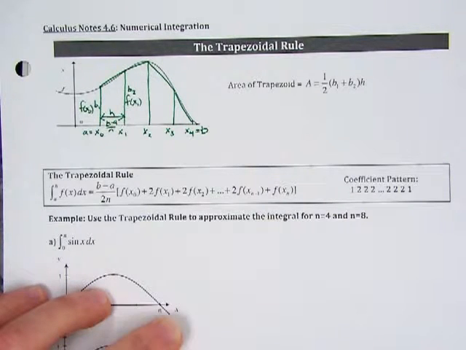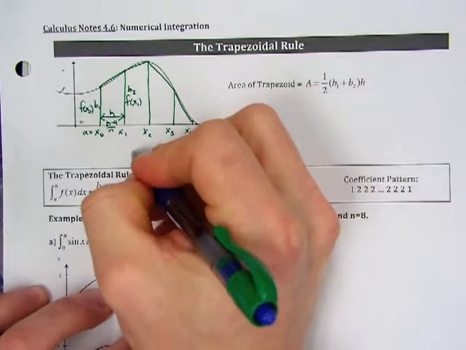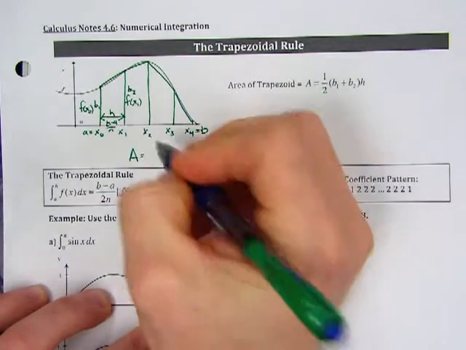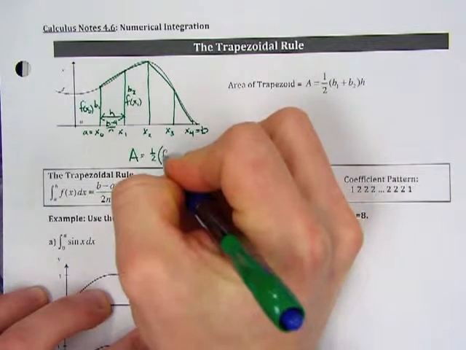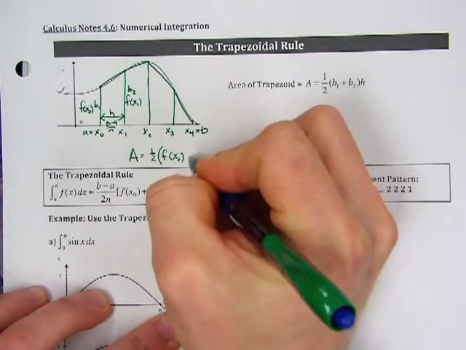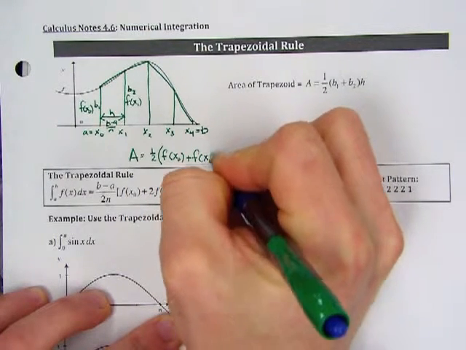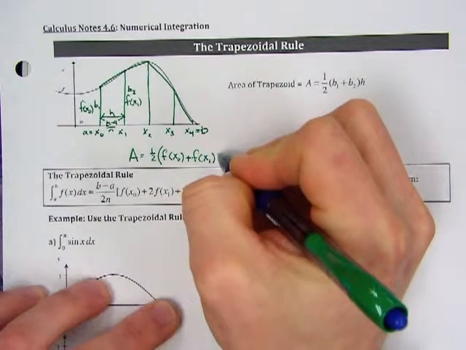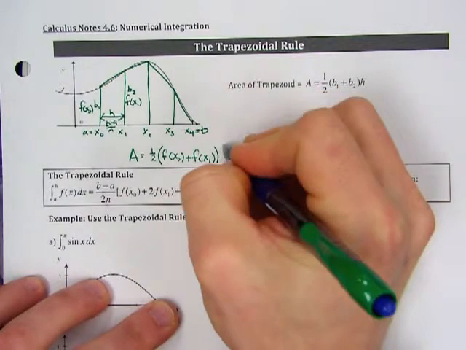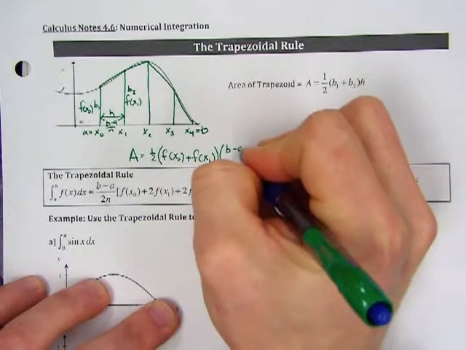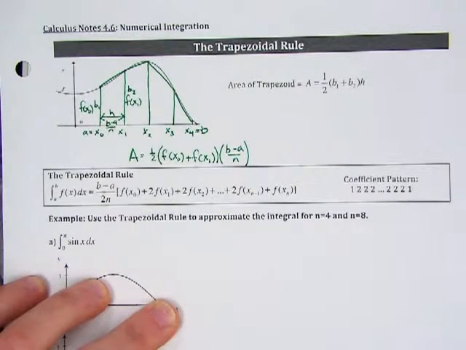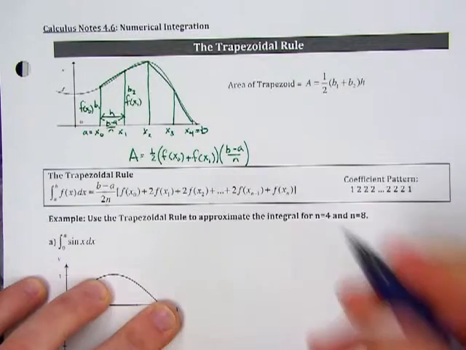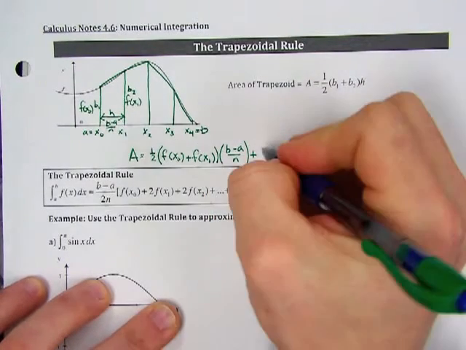So when we want to find the area of all of this, we would take our first trapezoid, which is 1/2 times f of x sub 0 plus f of x sub 1, times the height, which is (b minus a) over n. And that would be for the first trapezoid. And then we're just going to add it to the second trapezoid.